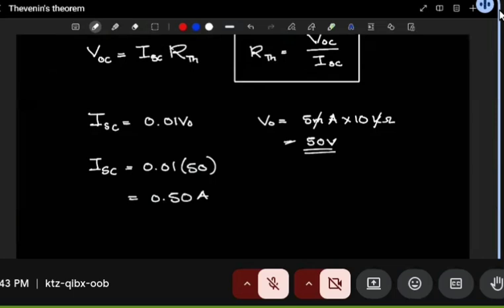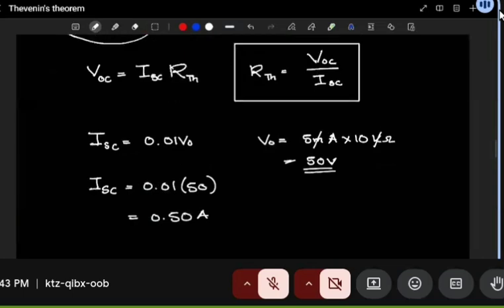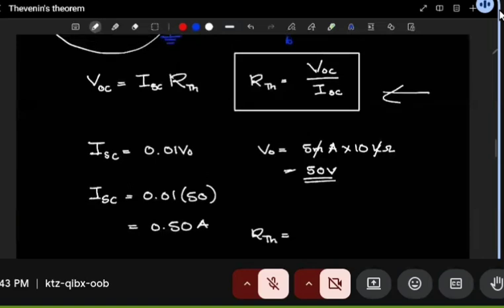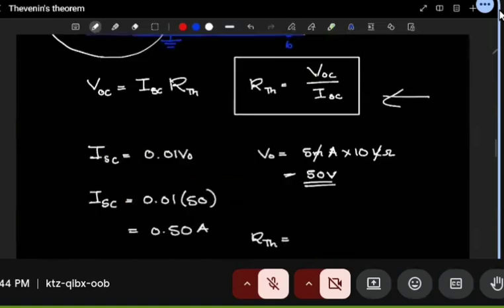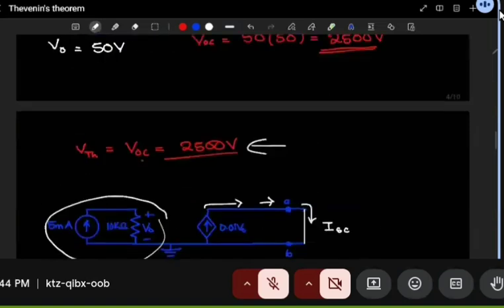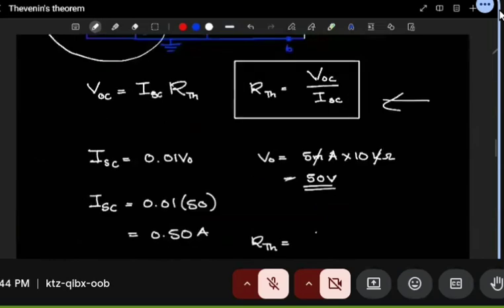Having found our I short circuit, now we come to this expression. The Thevenin's equivalent resistance will be V open circuit. The open circuit voltage we found earlier. Note that the open circuit voltage and the V Thevenin are the same. So we have 2500 volts.